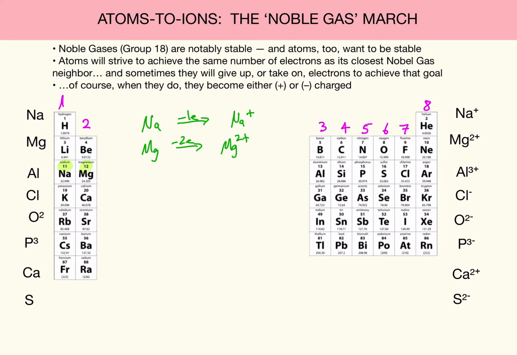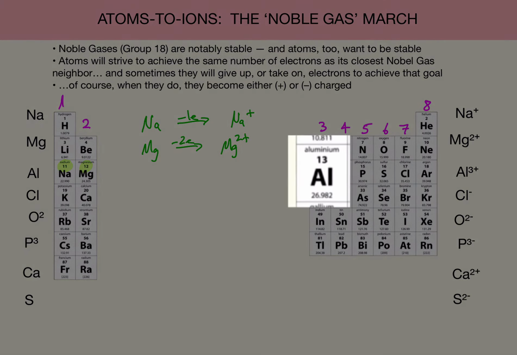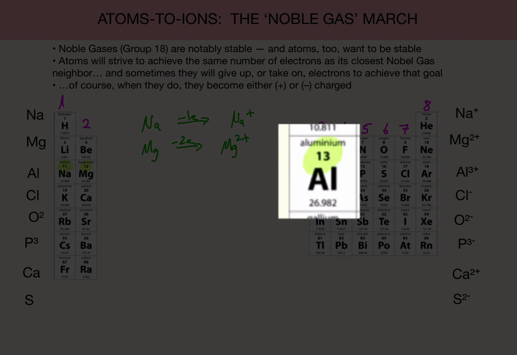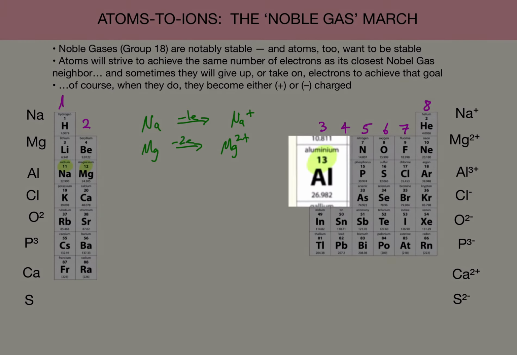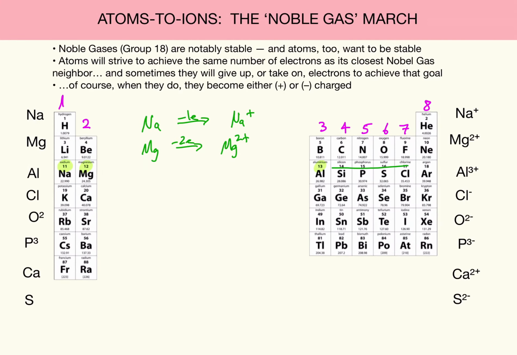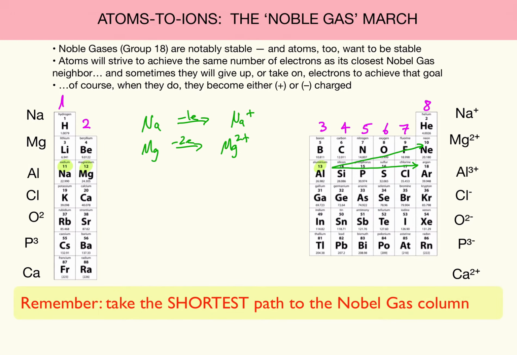And that's really all there is to it. Next, let's consider aluminum, which has 13 protons and therefore 13 electrons. Its nearest noble gas neighbor is either a noble gas with 18, which means it would have to gain 5 electrons, or 10, which means it would only need to lose 3. Therefore, it's going to lose 3 electrons.